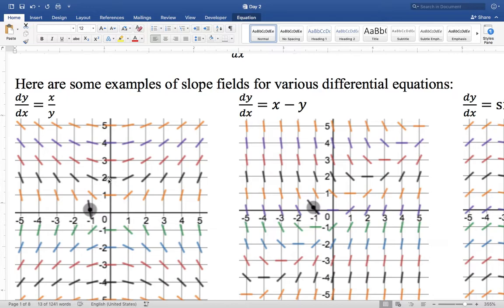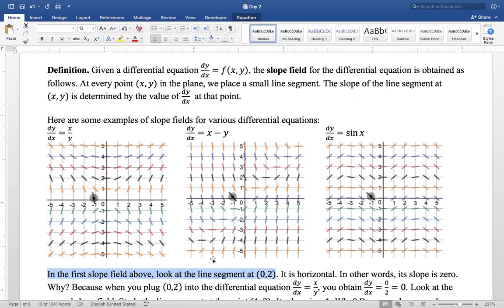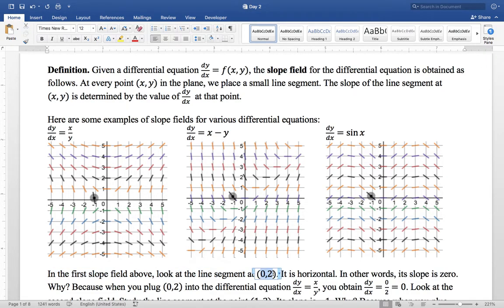The reason that this particular line segment has slope 0 is because when you plug the point (0, 2) into this differential equation, you get 0.